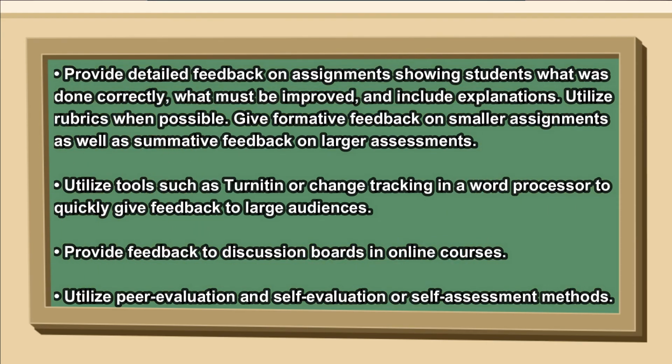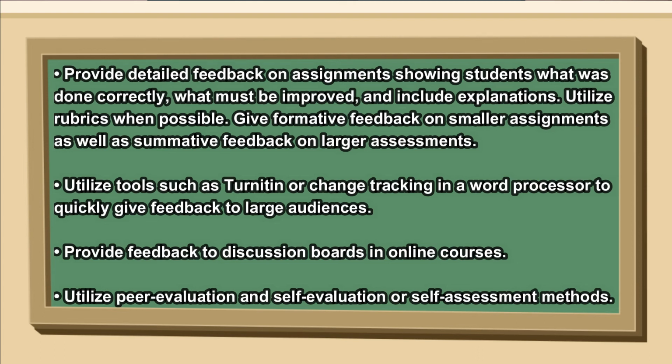First, provide detailed feedback on assignments showing students what was done correctly, what must be improved, and include explanations. Utilize rubrics when possible. Give formative feedback on smaller assignments as well as summative feedback on larger assessments.